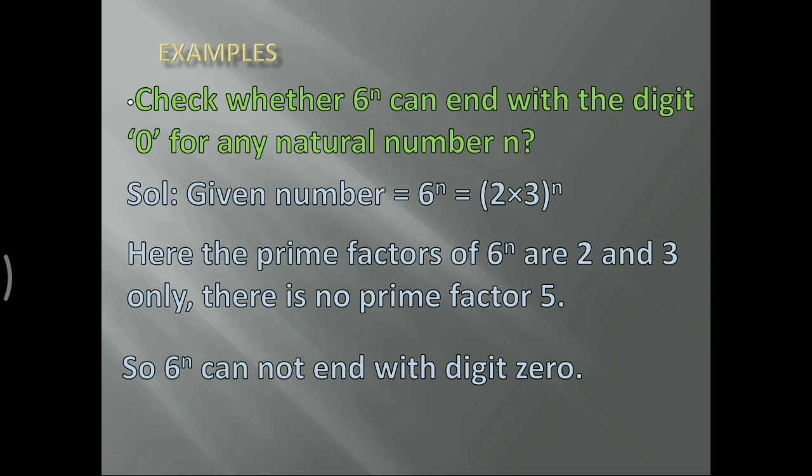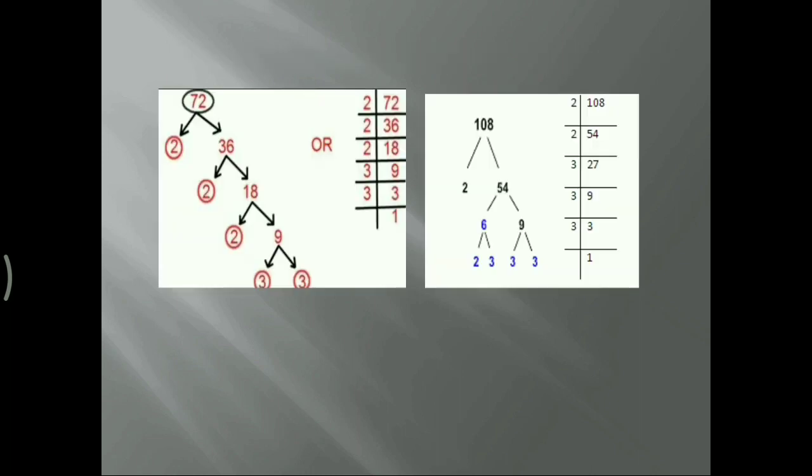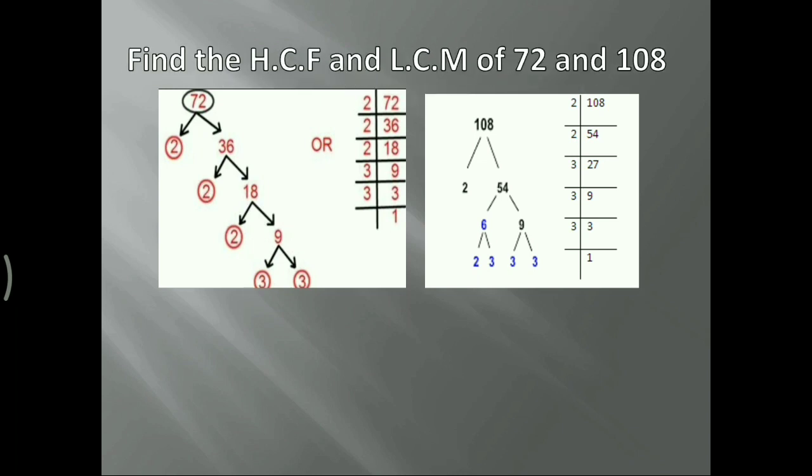Let me read: Find the HCF and LCM of 72 and 108. 72 and 108 can be written as their prime factors by using the factors method. Look at the board. Here 72 is equal to 2 power 3 into 3 square, and 108 is equal to 2 square into 3 cubed.